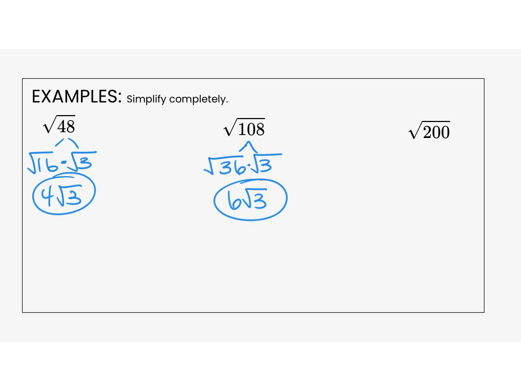That's why I'm saying if you have them so you can see them somewhere you can reference them, it will be a quicker process. And the more that you do of these, the more you'll get the hang of them. All right, 200 would be 100 times 2. So square root of 100 times the square root of 2. The square root of 100 is 10, so I get 10 root 2.